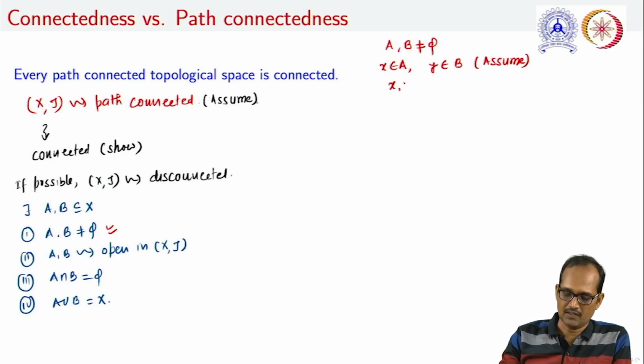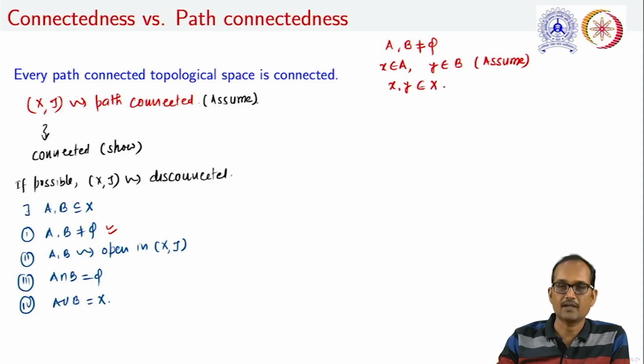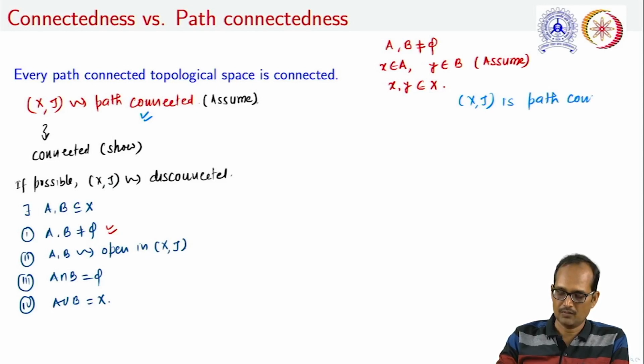It means that x and y are elements of X. But at the same time, because this space (X, tau) is path connected, we can talk about a path from x to y.